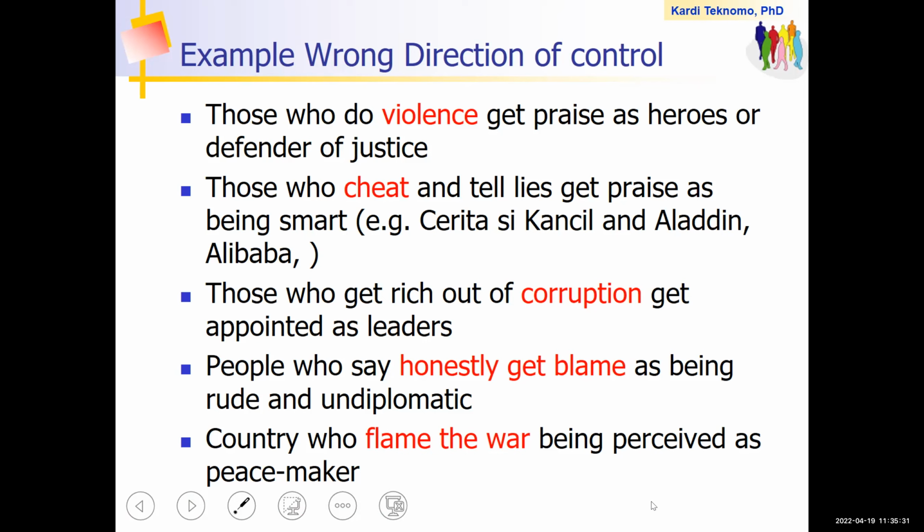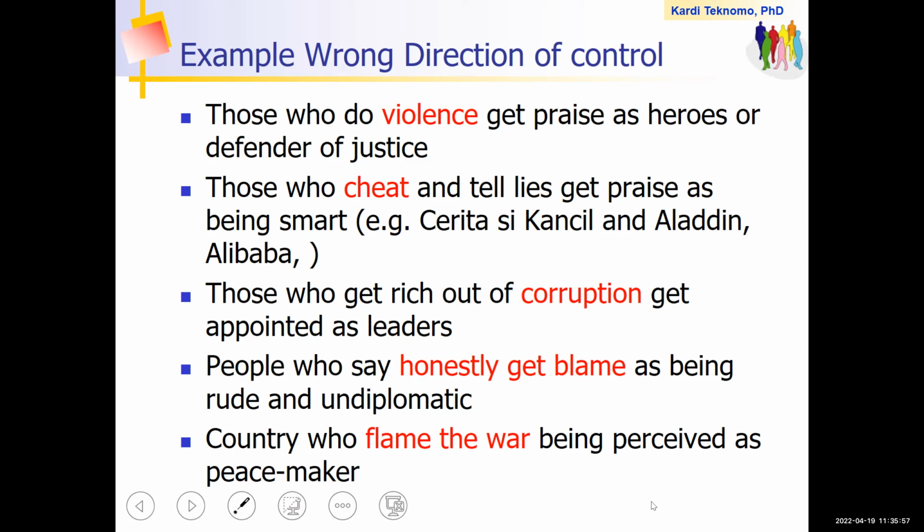You remember when you were a child, you got the story of Kancil and the crocodile, right? And the Aladdin story, or the Alibaba story. All of these are telling that, look, if you lie, you're smart. So basically, we are setting the wrong direction of control, right?